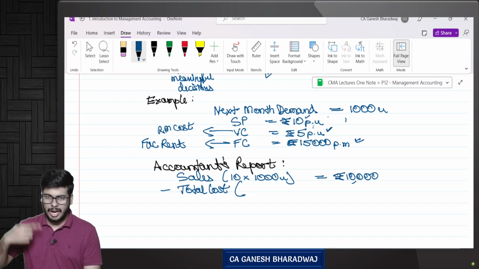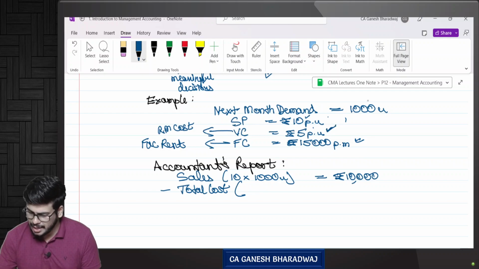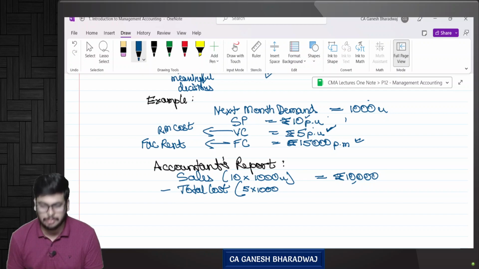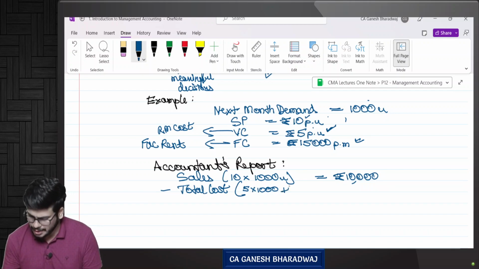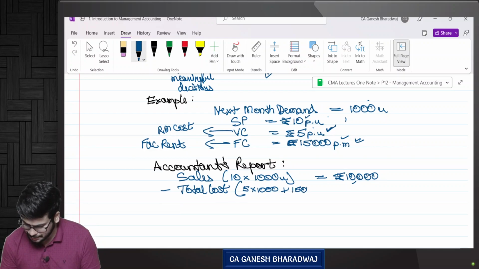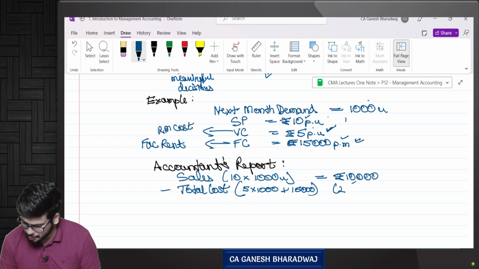So for me to keep my factory open and produce 1000 units, 5 into 1000, 5000 rupees I will incur. Plus I also need to pay a factory rent of how much? 15,000 rupees. Correct. So overall cost will be how much? This is going to be rupees 20,000. That is 5,000 plus 15,000, rupees 20,000.